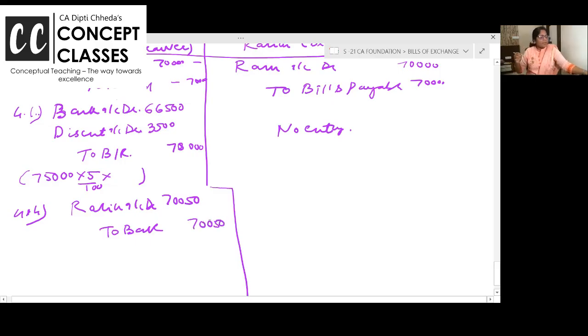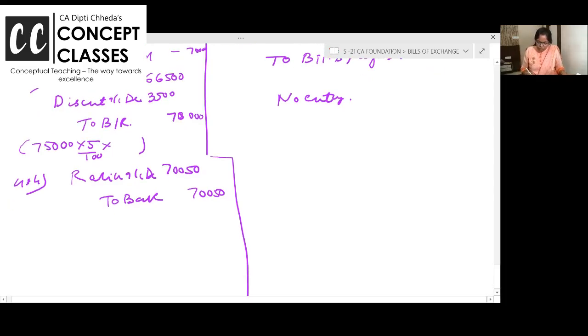Rahim account debit to bank. This happened when the bill was not met on the due date. Therefore, the bank debited the same to drawer's account with overdue interest. 4th of April ko to due date tha, 10th of April.